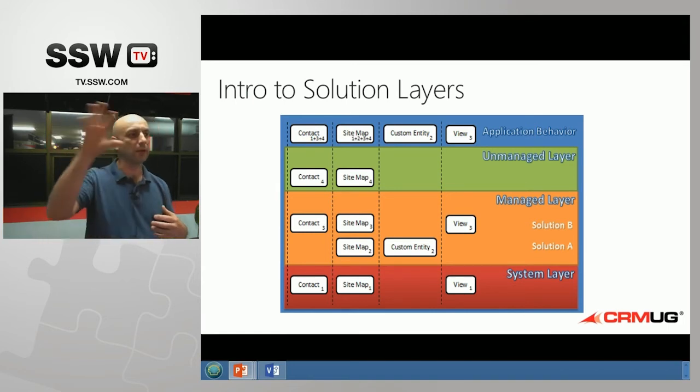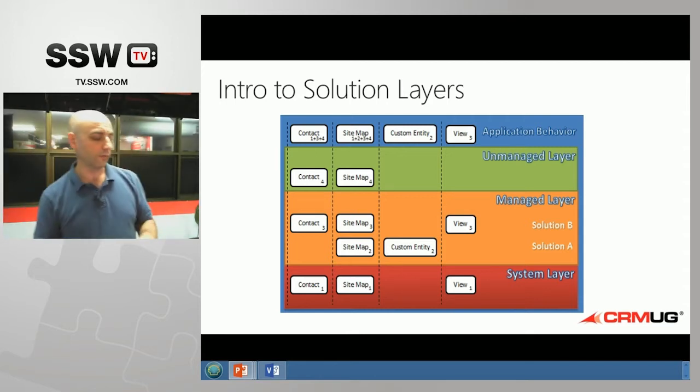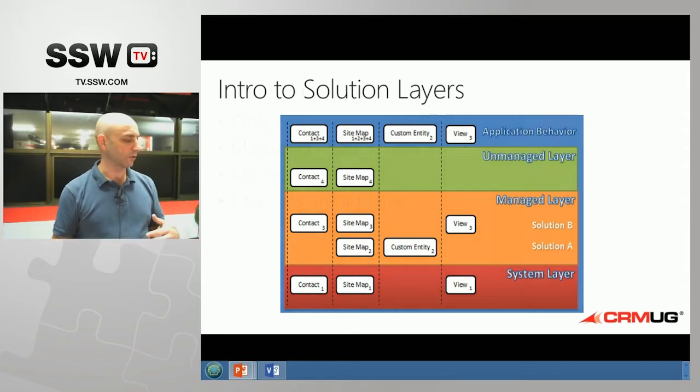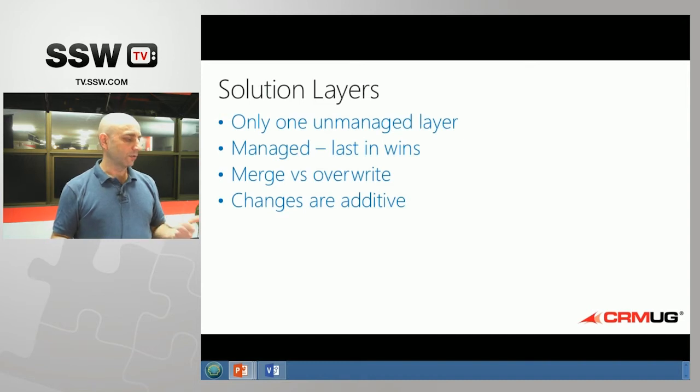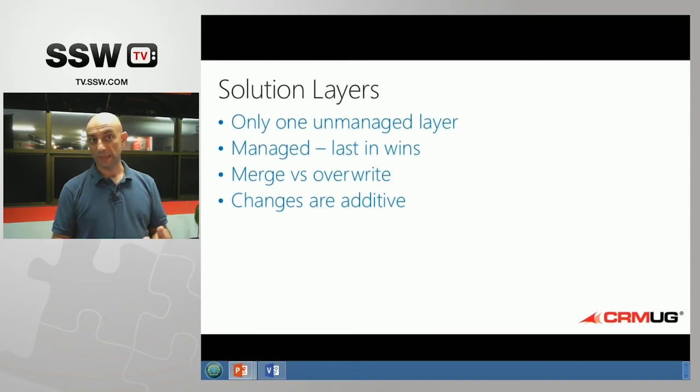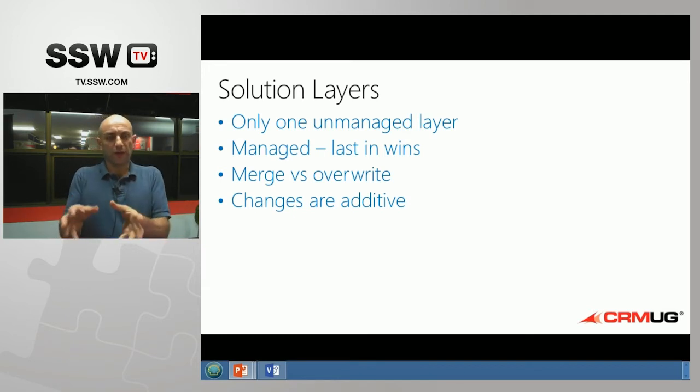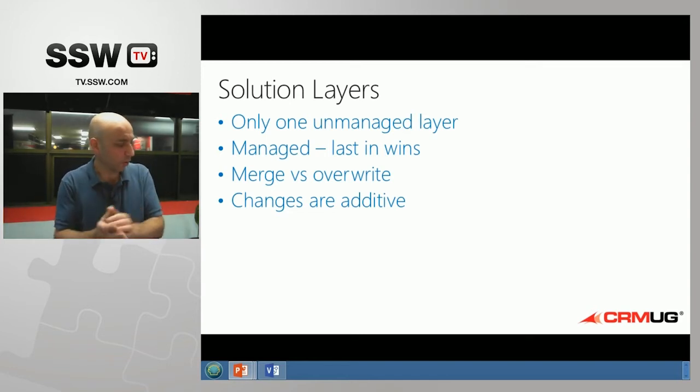Ribbons, also the commands which are specific for part of the solution, it tries to merge them. So, the things to remember, only one unmanaged layer. For managed solutions, last one in wins. There is merge versus override, so you need to know which elements are merged, which are overwritten, and when merged, how they merge. It's for you as a solution developer to adapt your solution so it's merged nicely, so it doesn't cause any drama when merged.